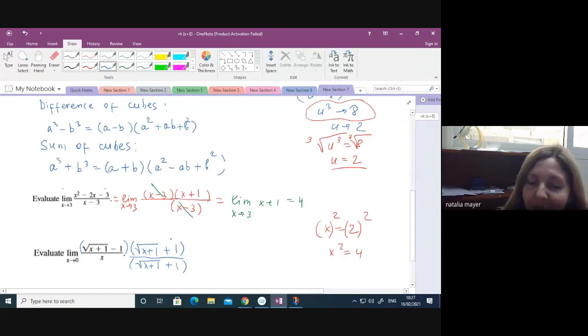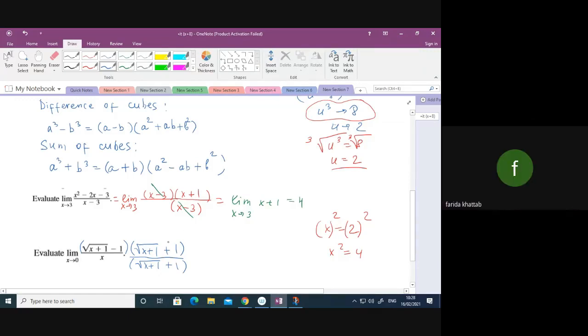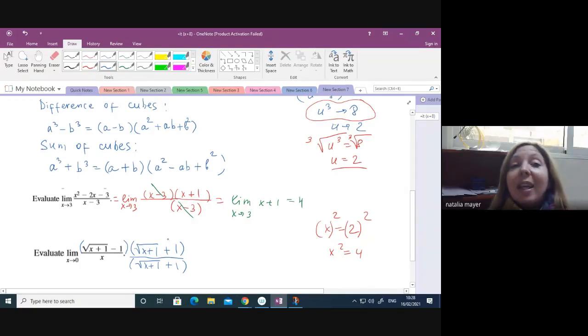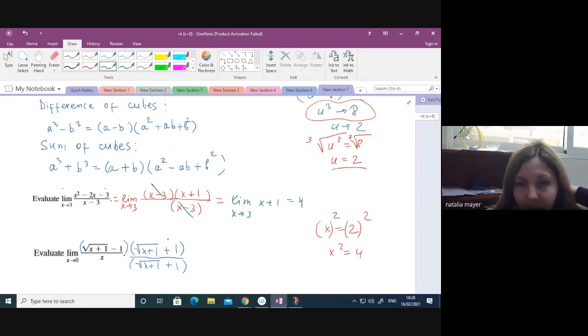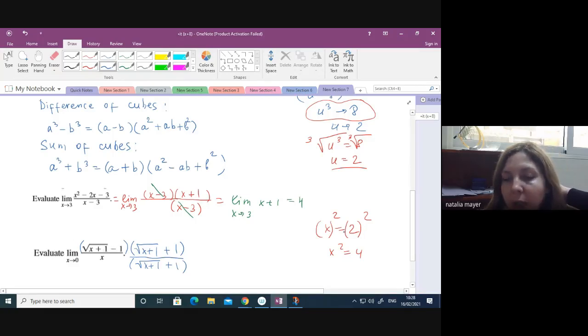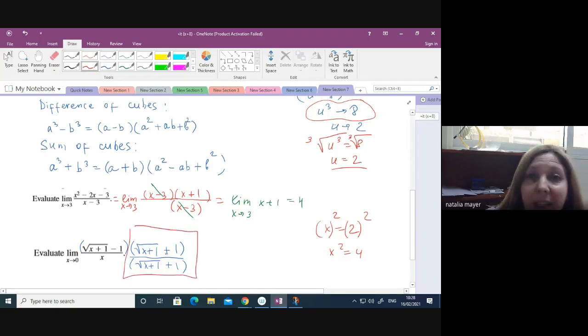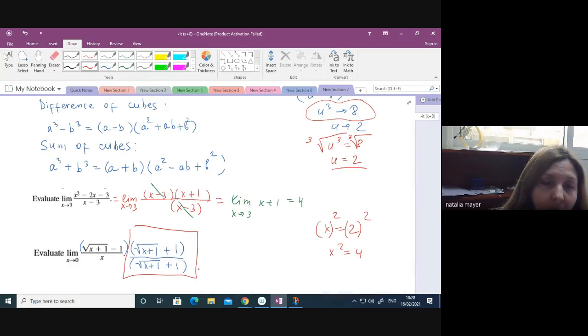I had this discussion with Mohammed about squaring. He said, let's square it, and I said you cannot square because it's not an equation. By squaring anything, you change it. It becomes something else. But by multiplying it by this, I did not change it. So how can you prove that I did not change it? Anybody?